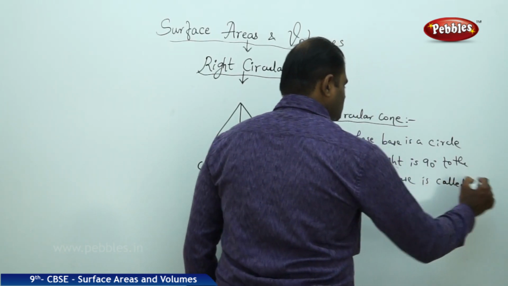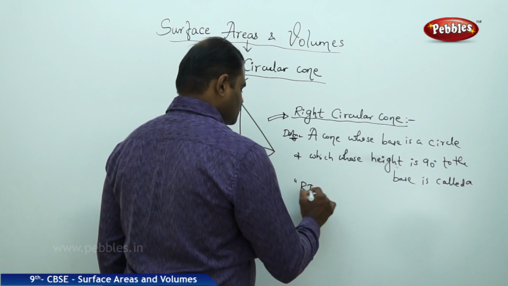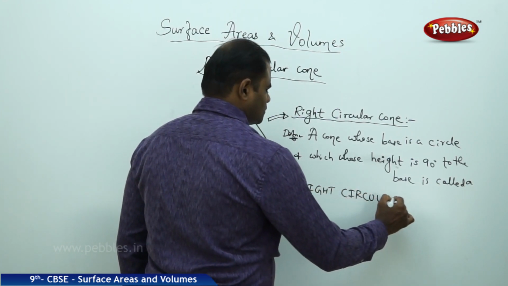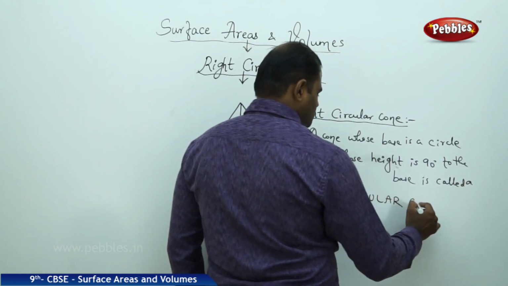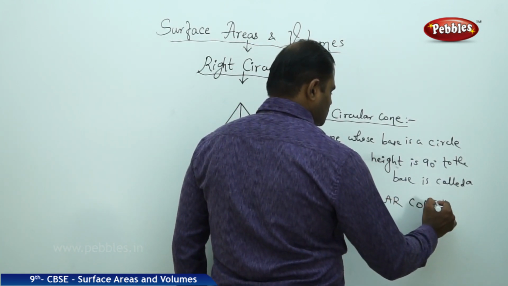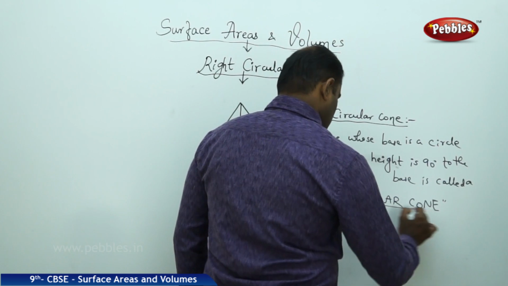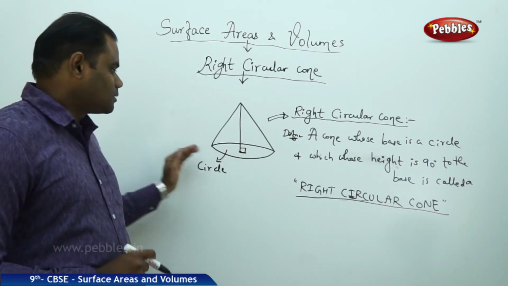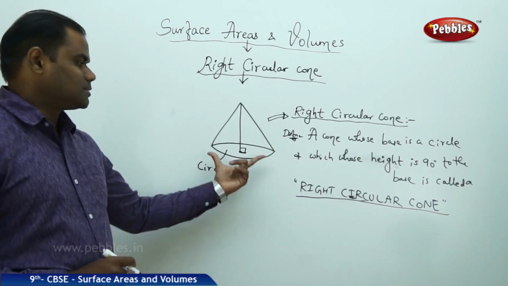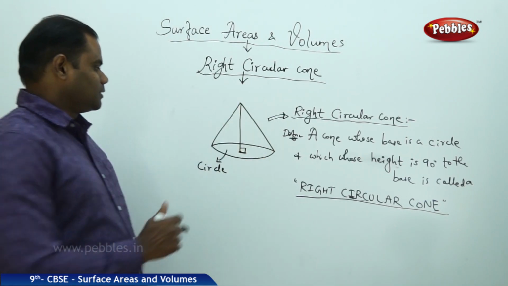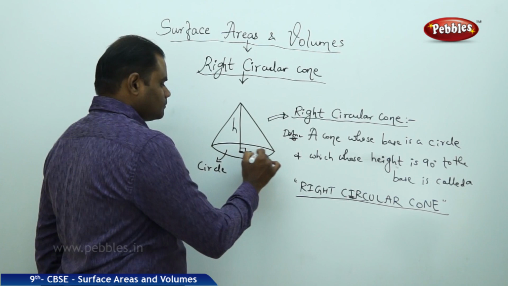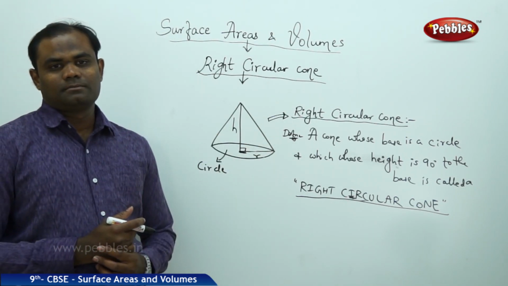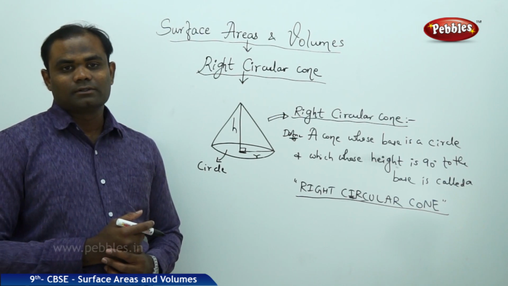That is how we understand a right circular cone. The base is a circle and the height is perpendicular to the radius. It's a right circular cone.